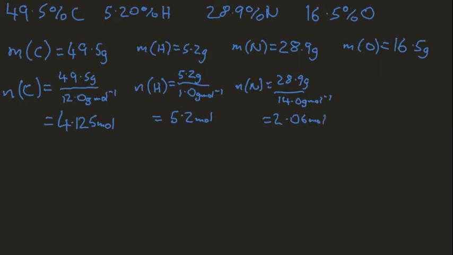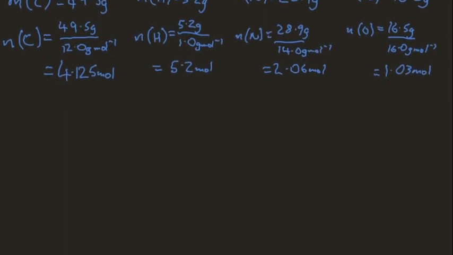And finally, we want to do the number of moles of oxygen, and that is equal to 16.5 grams divided by 16.0 grams per mole, and that works out to be 1.03 mole. So that's ace.